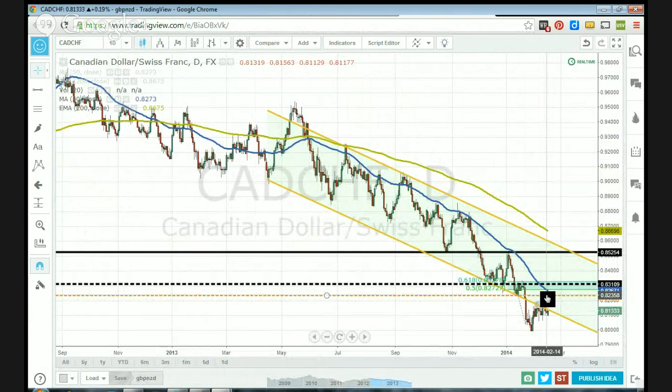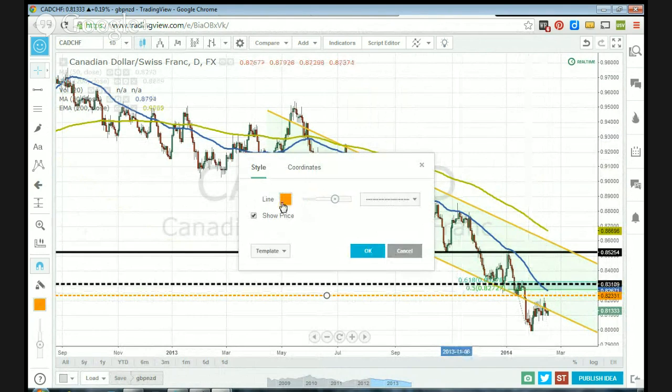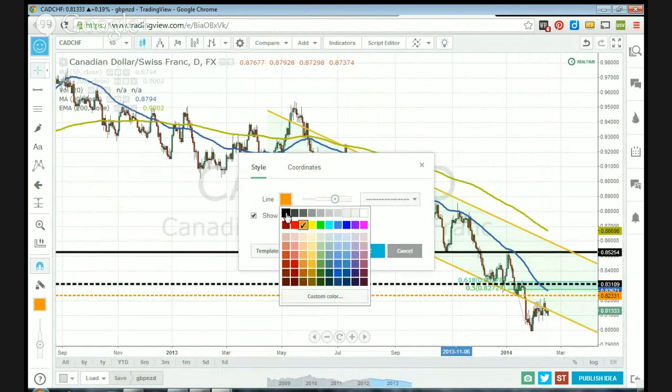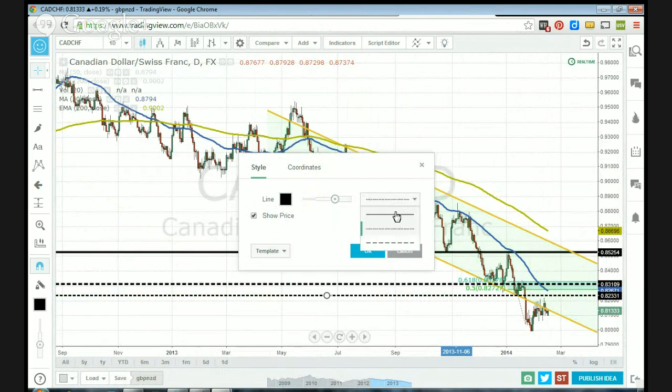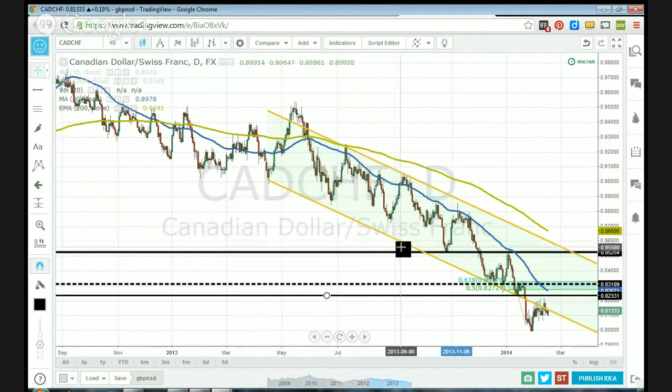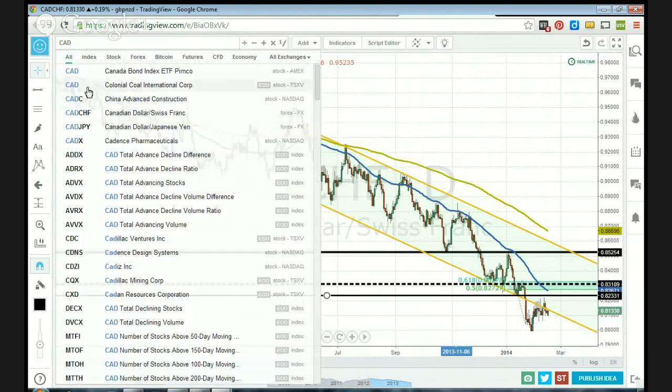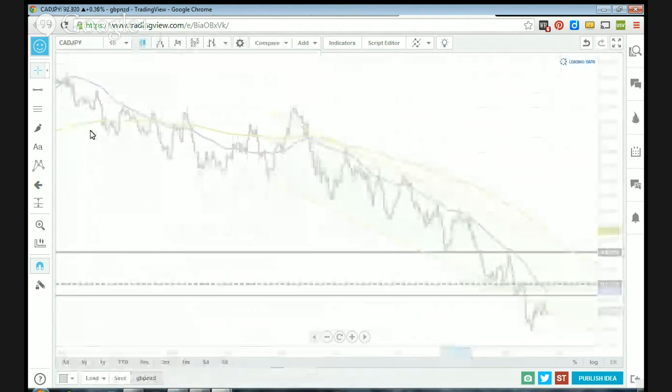That'd be interesting. I'm going to make this black, and I'll make it solid, a little thinner. But if we could go back to that black line, that could be interesting. We'll see. For now, though, nothing.